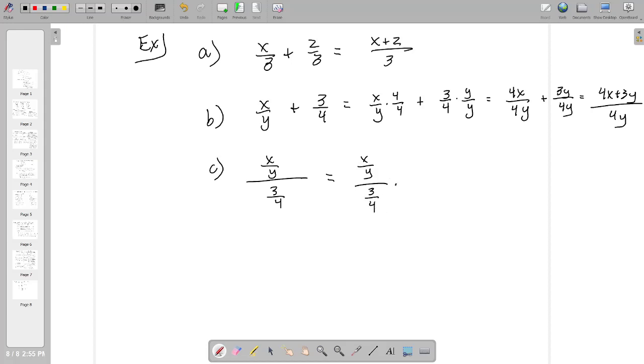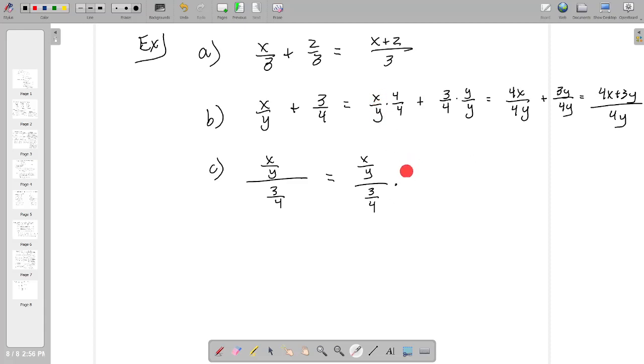Now what I'm going to do is what I did up here to find a common denominator. I multiplied top and bottom by 4. Now remember, 4 divided by 4 is 1. And remember also that 1 is the multiplicative identity. So if I multiply x times y by the multiplicative identity, I haven't changed anything, because a multiplicative identity doesn't change anything when you multiply it.